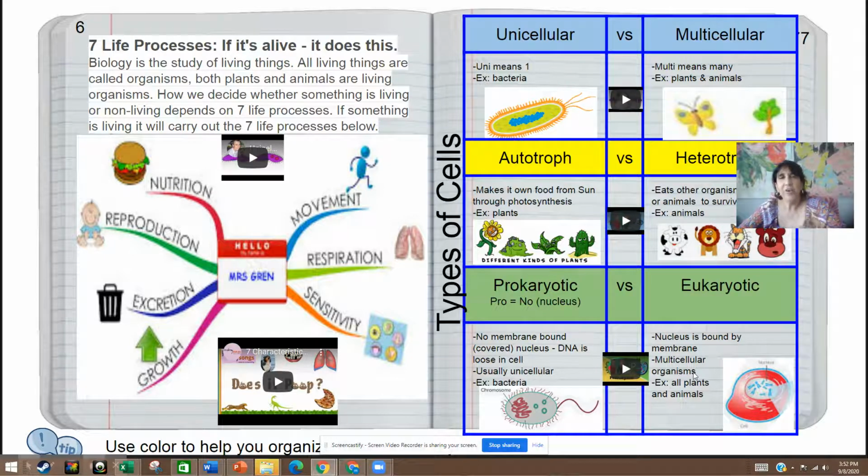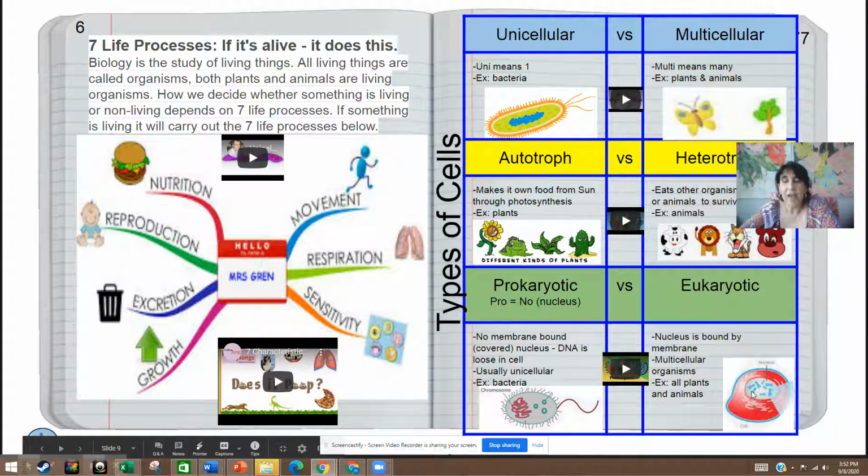It's got higher level cells like these, where everything is packaged in its own little membrane inside the cell. Again, the example is the DNA inside a nucleus that is covered, like you have here in this picture. And again, this is a good little video for you to watch.